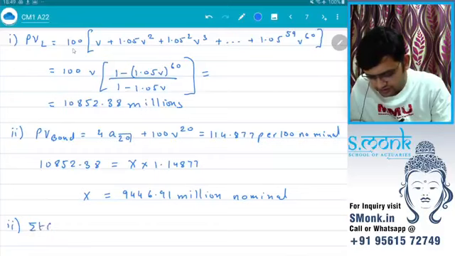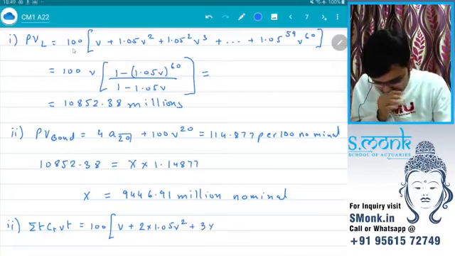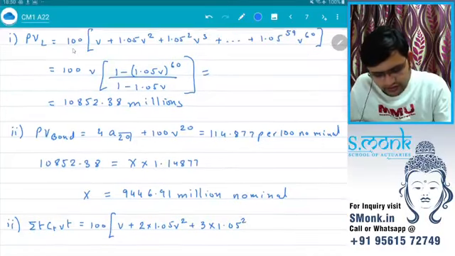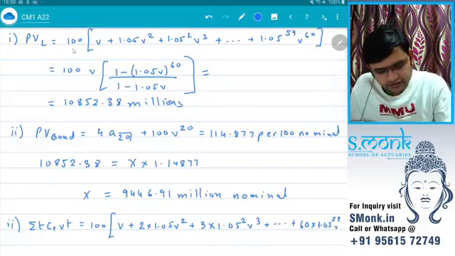Summation t Ct v raised to t would be what? v plus 2 into 1.05 v square plus 3 into 1.05 square v cube and so on. Last would be 60 into 1.05 raised to 59 v raised to 60, right?